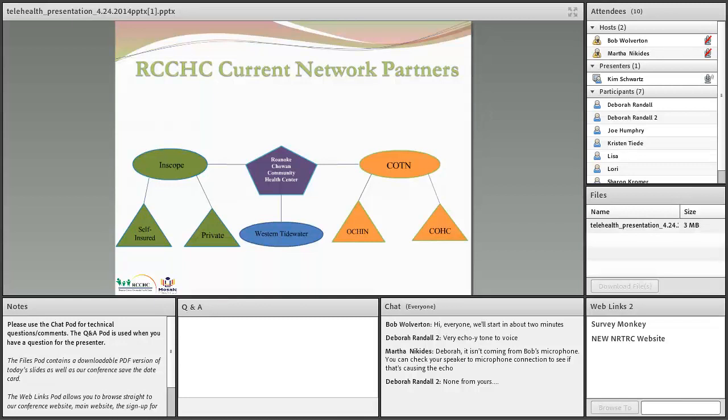So we're part of the OCHN network, the Oregon Community Health Information Network, that's based out of Portland. And so Mosaic is a community health center that's a part of what they call CCOs in Oregon, or ACO, and that's the COHC there. That's the Central Oregon Health Connection, their name for their CCO.